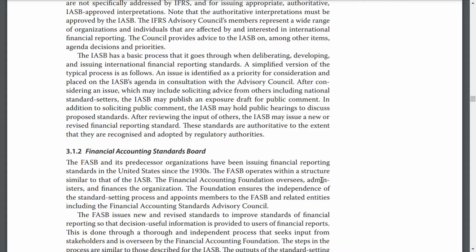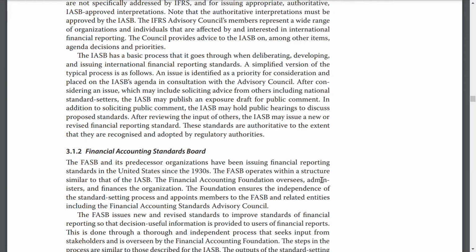In addition to soliciting public comment, the IASB may hold public hearings and discuss proposed standards. After reviewing the input of others, the IASB may issue a new or revised financial reporting standard. These standards are authoritative to the extent that they are recognized and adopted by regulatory authorities.